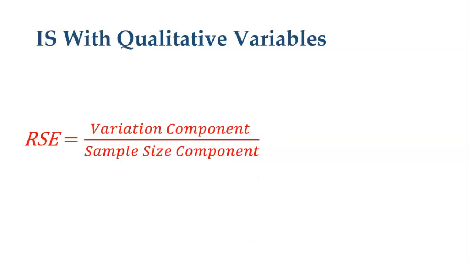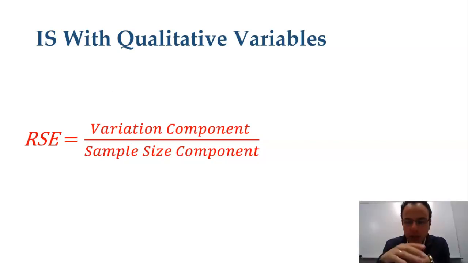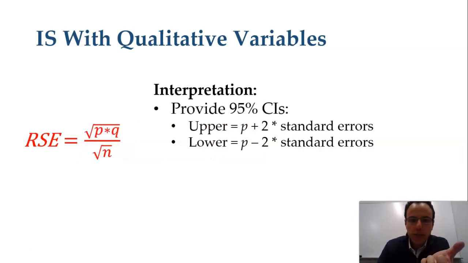So with that in mind, we can not only estimate P, which is the value of interest here, the sample proportion, but we also can estimate the random sampling error. The variation component will be the square root of the proportion of our category of interest, P, times Q, which is the rest of categories, okay, divided by the sample size, okay?